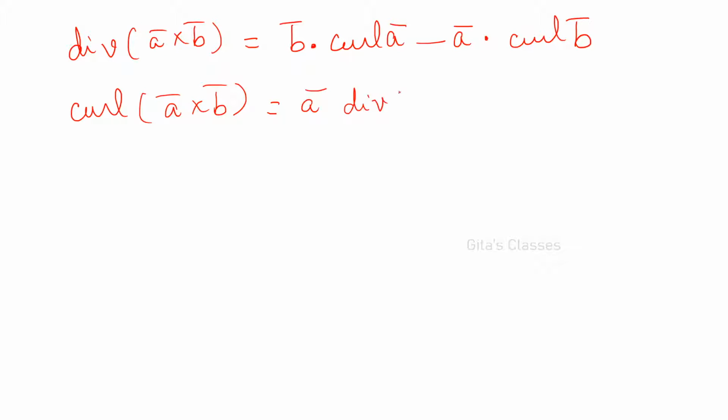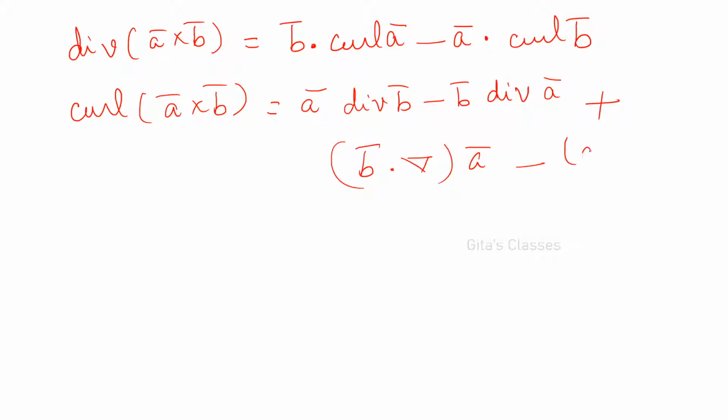It is A into divergence of B minus B into divergence of A, plus B dot del of A vector minus A dot del of B vector.